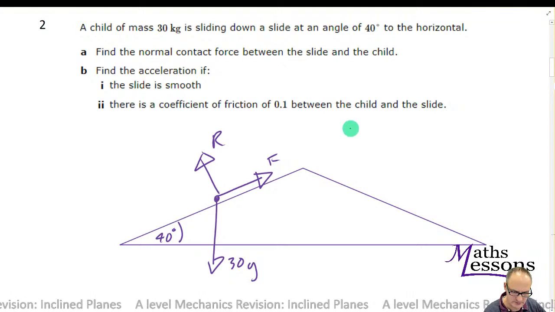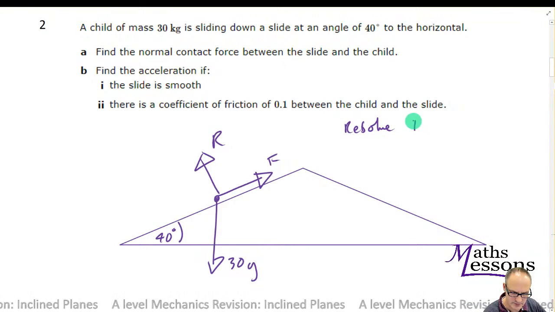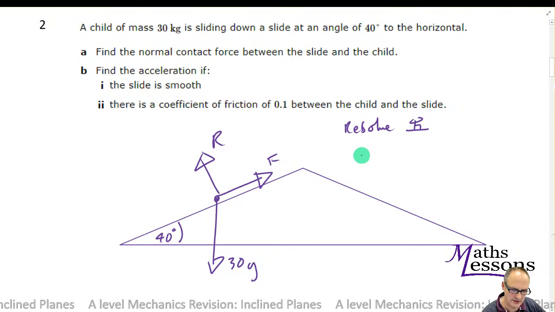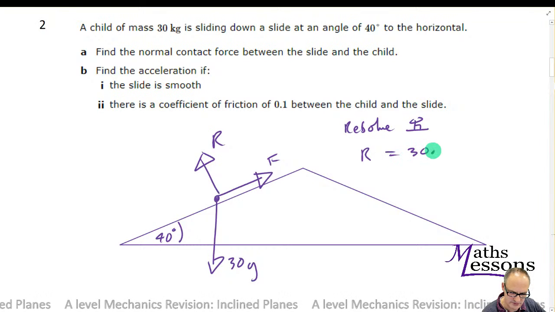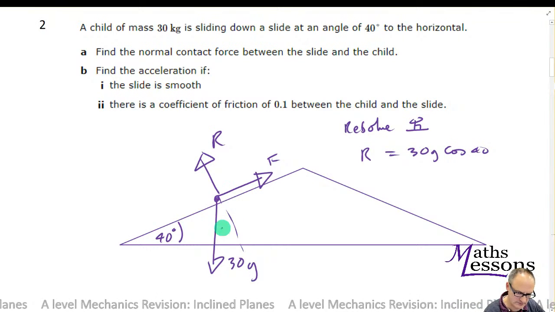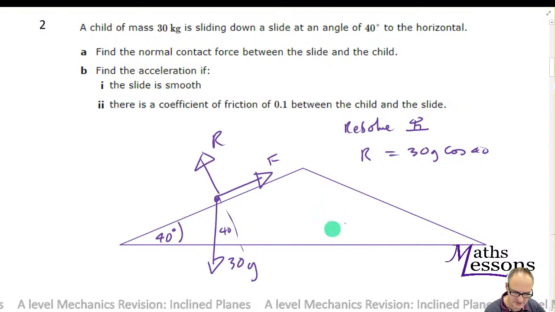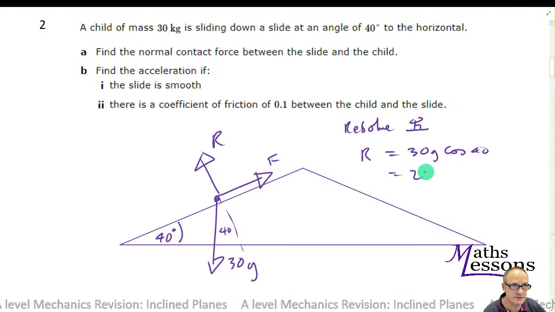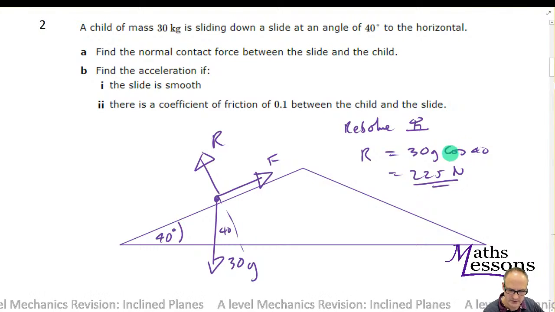So we're going to resolve perpendicular to the plane, and we'll get that R will equal 30g cos 40. We can see that the perpendicular part is adjacent, so we get 30g cos 40. And that will come out to be 225 newtons, when you've multiplied that all out.